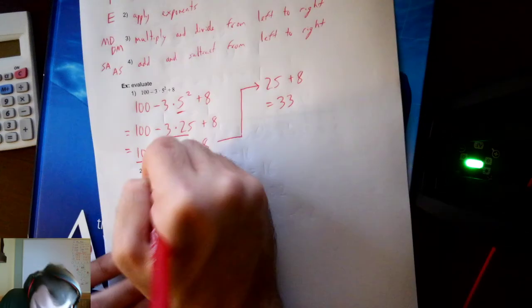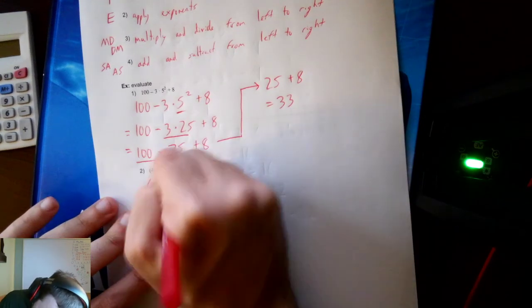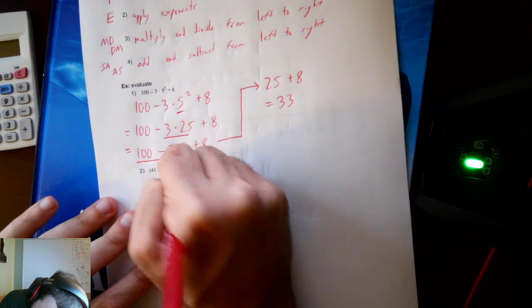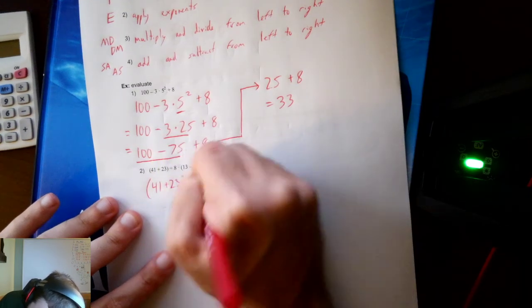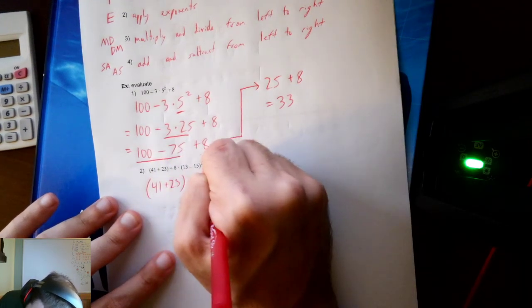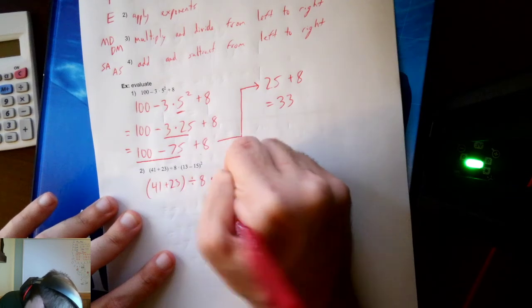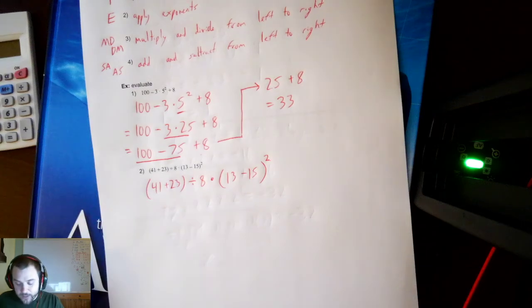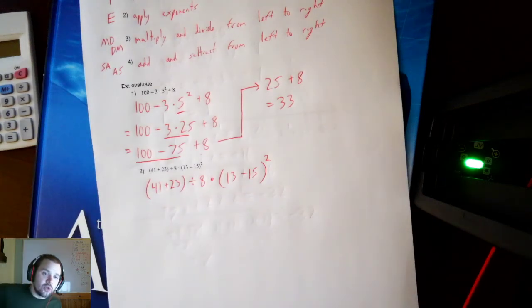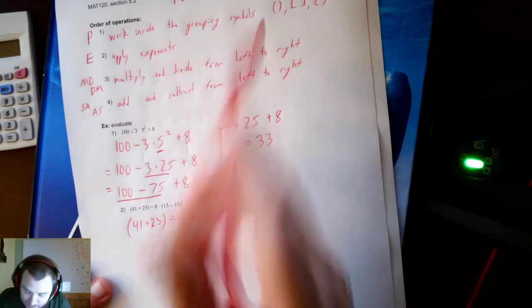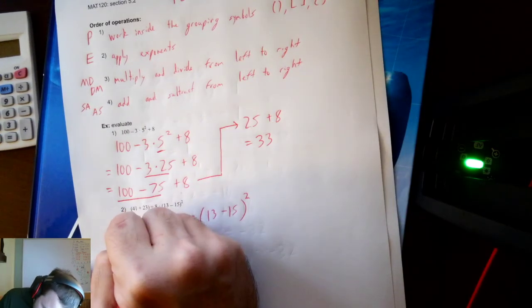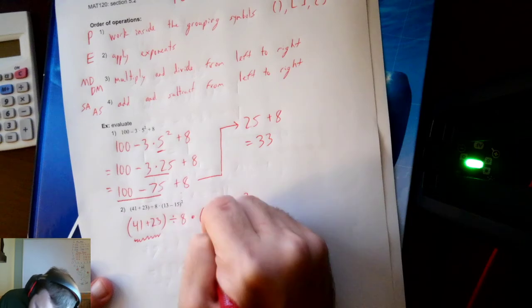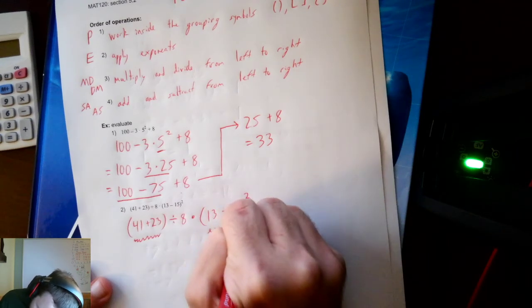How about the next one? Let's write it out. 41 plus 23, divided by 8, times 13 minus 15, squared. What am I going to do first? Well, first I work inside my grouping symbols. I have a group here and a group here.